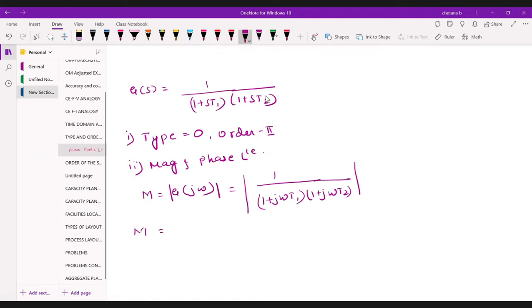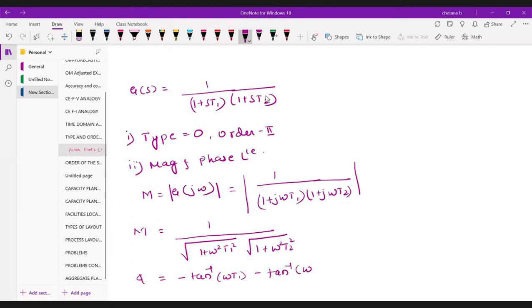So the magnitude here is 1 divided by root of 1 plus omega square T1 square, into root of 1 plus omega square T2 square. Okay, so similarly you need to see the phase angle. So phi is minus tan inverse of b by a. So here this is a minus jb, and here you have another a minus jb. So it is minus tan inverse of omega T1 minus tan inverse of omega T2.